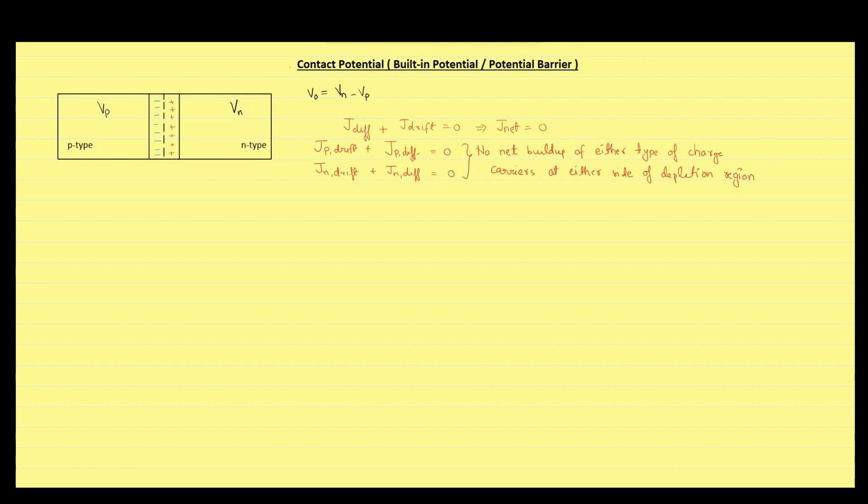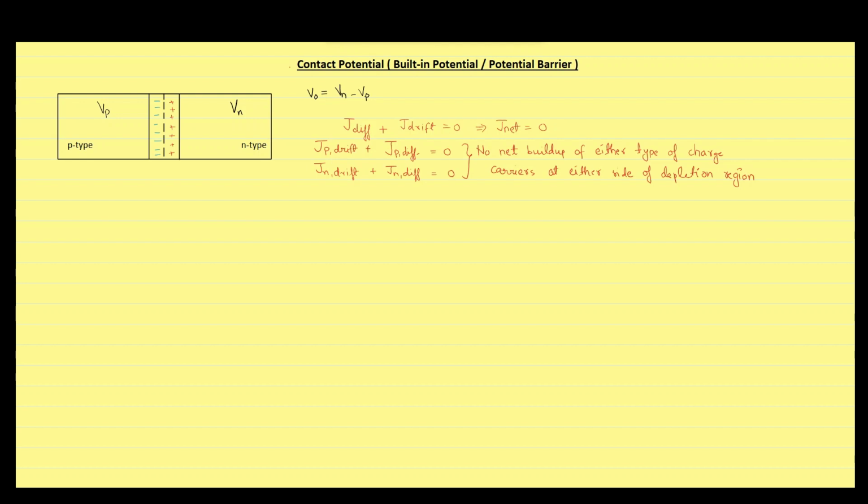In this lecture, we will try to find a relationship between contact potential V0 and doping concentration on each side of the junction. For that, we can use either the third equation or the second equation.